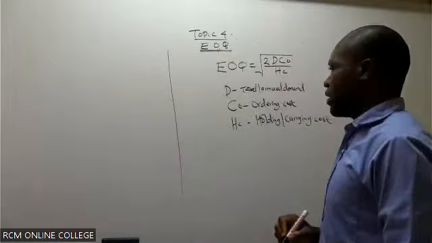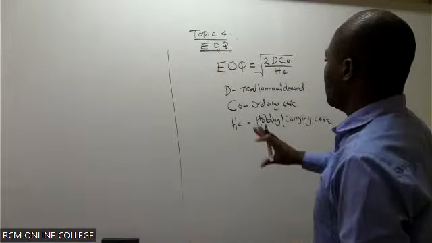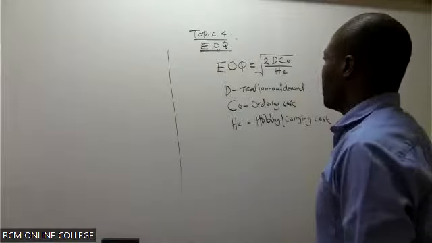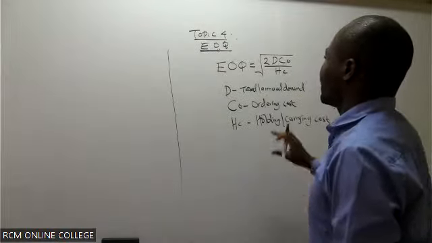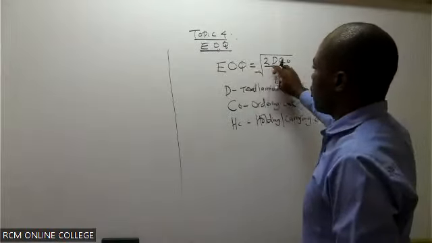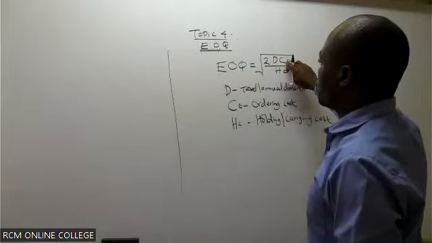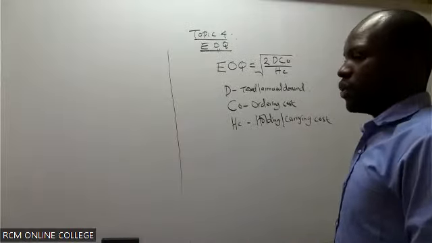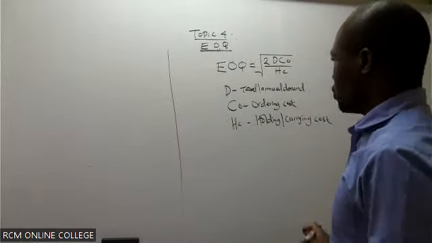Once you understand this and are given a question, you basically do a very simple job. Just identify what will be D, what you have as ordering cost, and what you have as holding cost. So that is what we have.